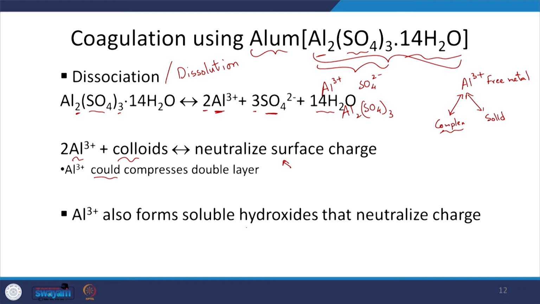But as we discussed, it can form complexes, and even these complexes can neutralize some charge, let us say, right. But if primary motivation is only charge neutralization, you see that if I add Al3 plus, the charge that I am getting, let us say, it is not going to be 3 plus anymore, right, because I have OH minus that is forming a complex with my metal, let us say. That is one thing to keep in mind.